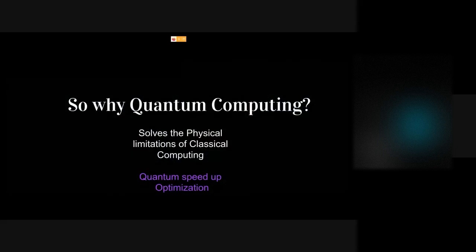So why quantum computing? Because of two reasons. First, this limitation that I told you, quantum computing solves it. And the other thing is, it helps in quantum speed up and optimization. That is those problems which are very hard or have a lot of states and normal computers are not able to solve them that quickly.